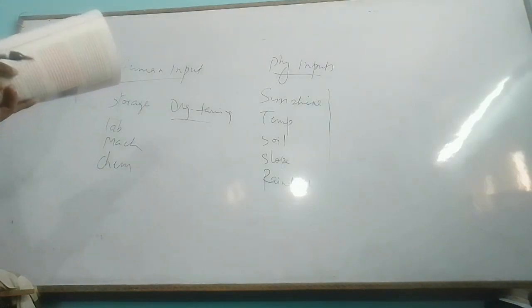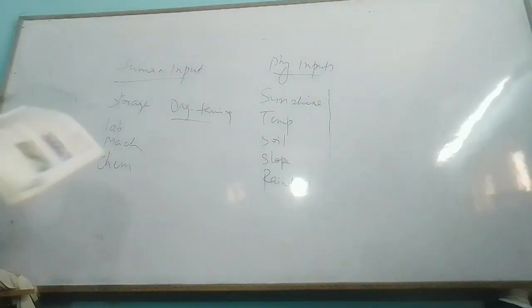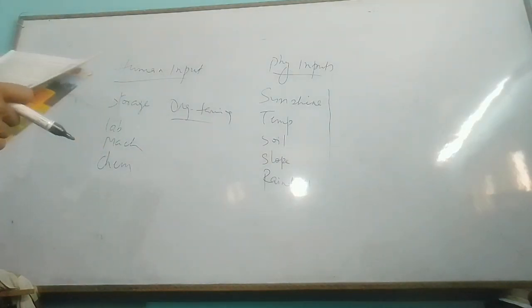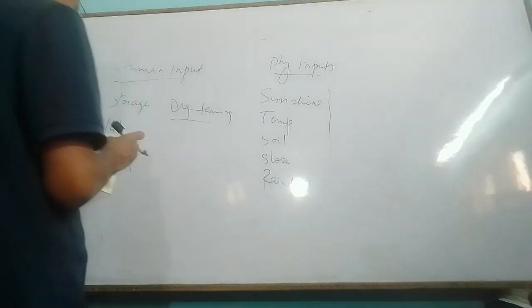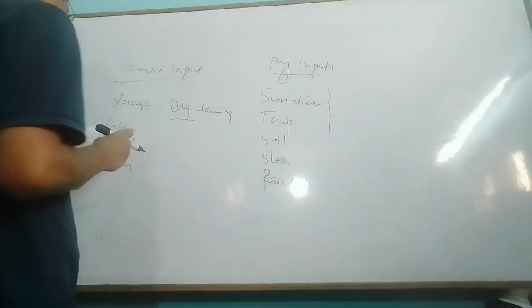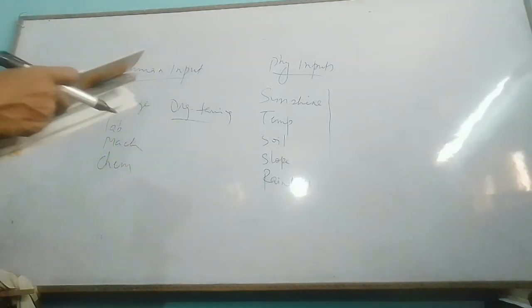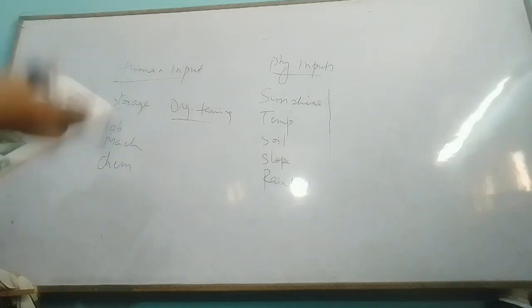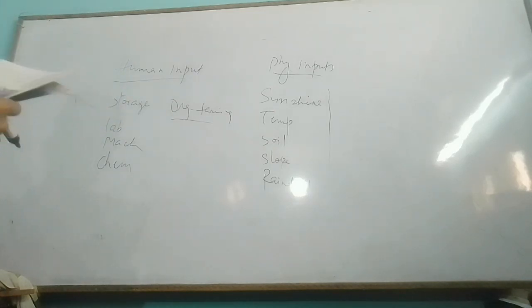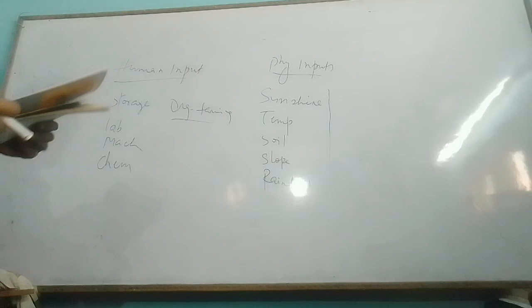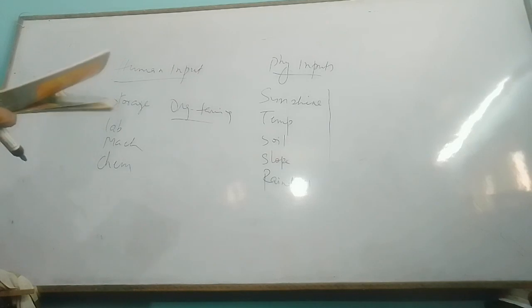This is the main crop. Now next is primitive subsistence agriculture, which includes shifting cultivation and nomadic herding. Now next is shifting cultivation.